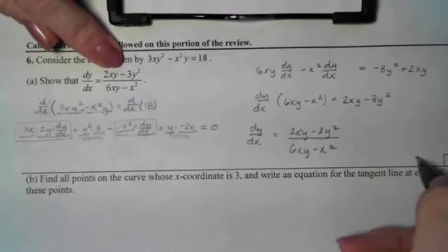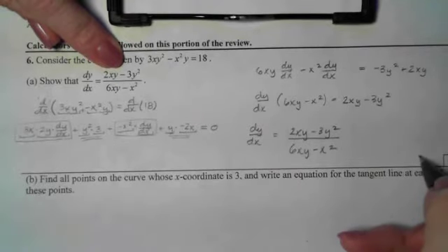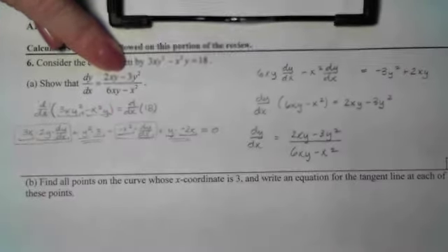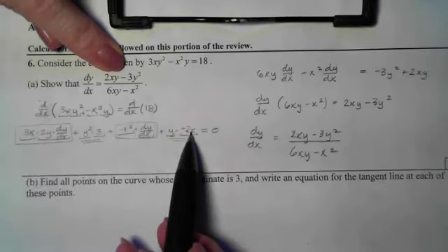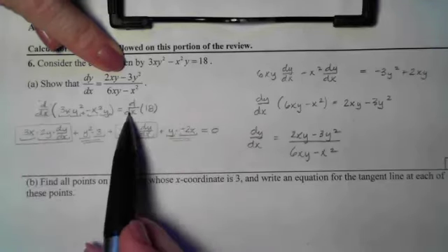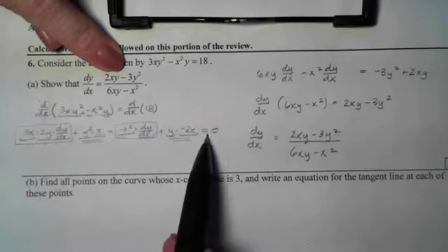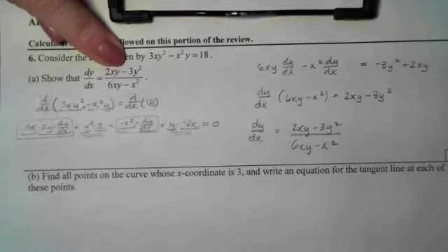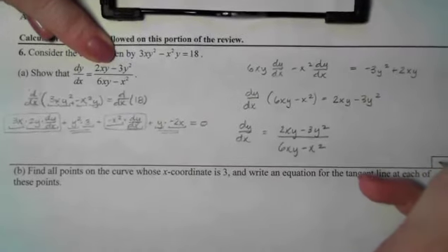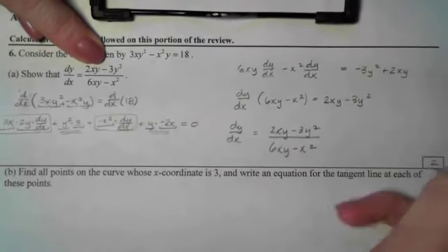These two things match, so we know we're done. The point breakdown is you get 1 point for doing the implicit differentiation, including the 0, having the correct notation. And then you get another point for going through the process to isolate the dy/dx. So that part is worth 2 points.